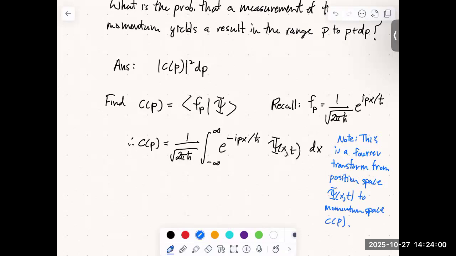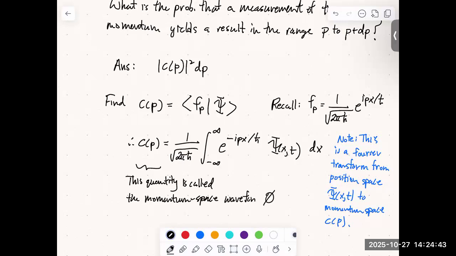Okay, in fact, usually what people do at this point is they define the C of p to be a wave function expressed in terms of momentum. And so then we can go back and forth between wave functions expressed as a function of position and a wave function expressed as a function of momentum. So this quantity is called the momentum space wave function.